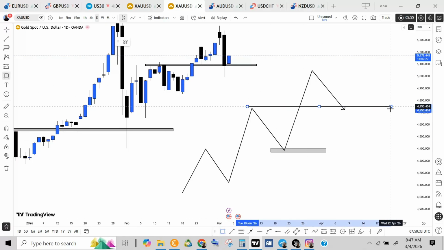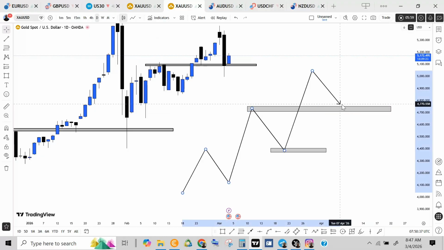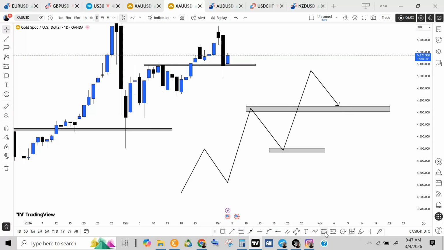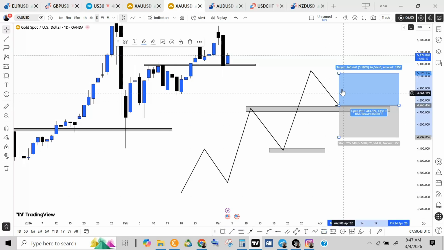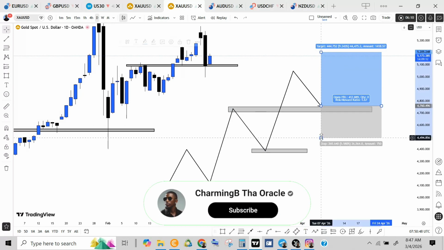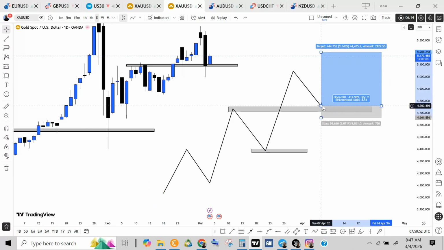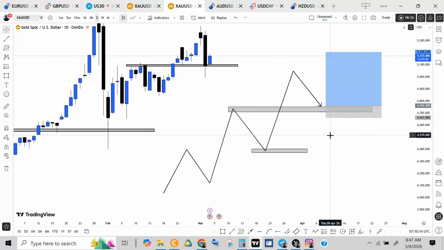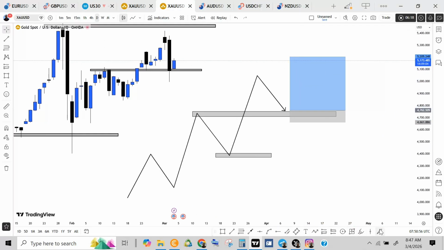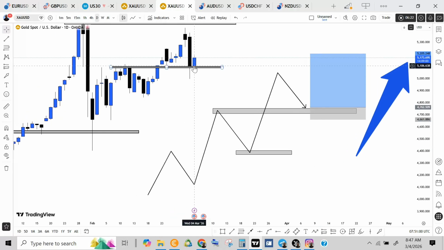You see, price is pulling back into this walking phase. Now the price is pulling back into this walking phase. We would look for what? A bullish opportunity. These are the places we will look for opportunity to go long. That is what we saw here.